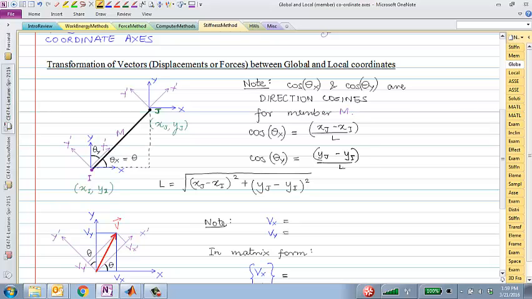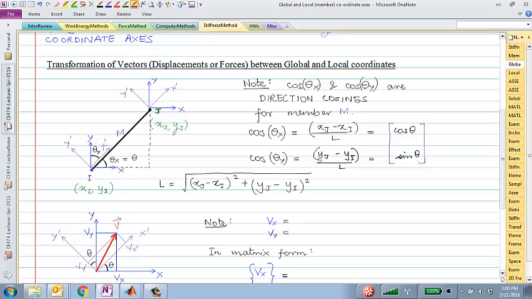And what we are going to do is I'm going to call this cosine theta, and I'm going to call this sine theta. And if you look carefully, if I put them in a 2 cross 1 vector, can anybody tell me in what direction this vector is pointing?